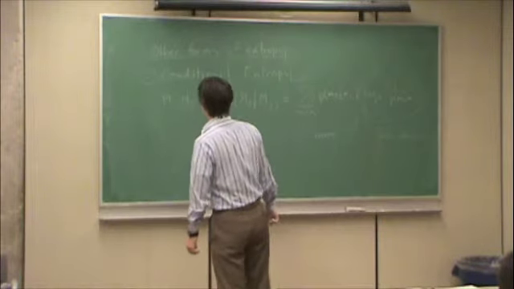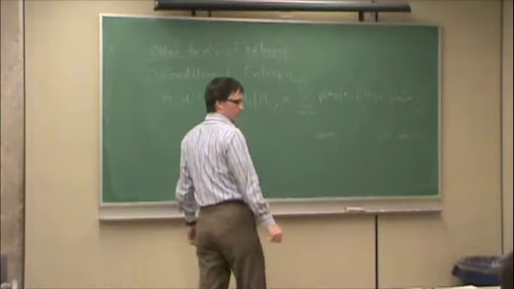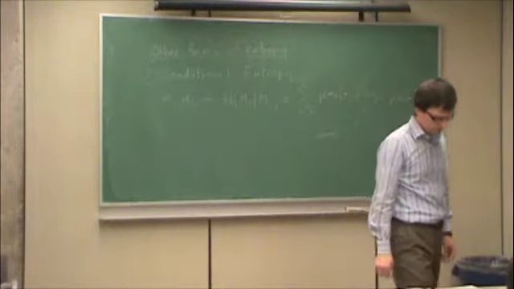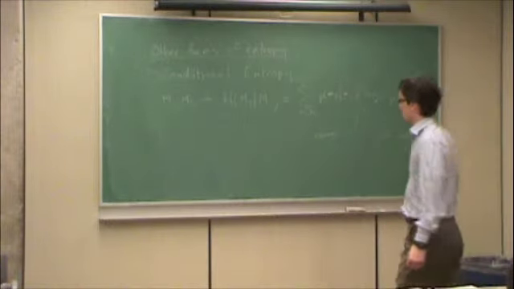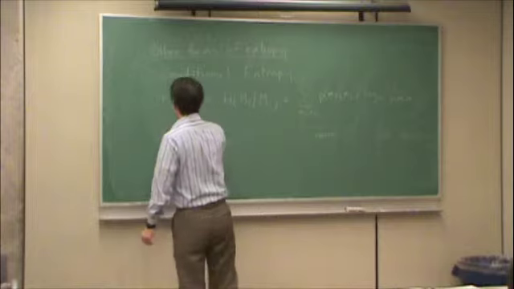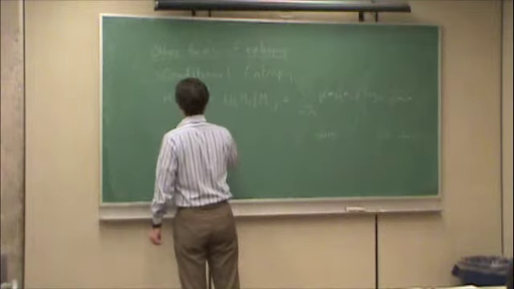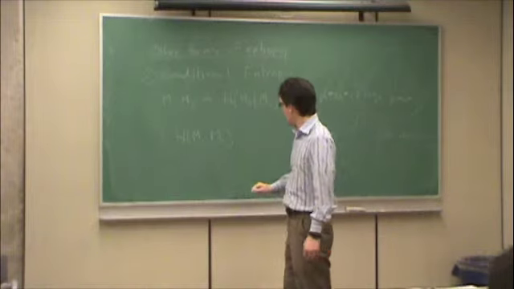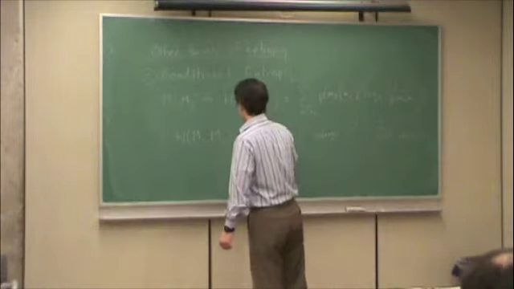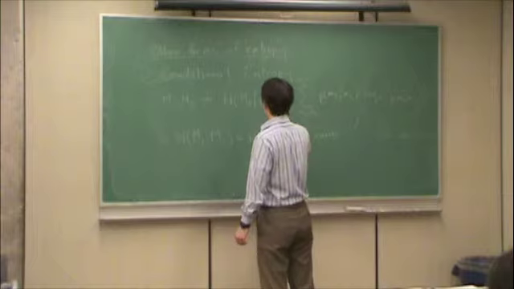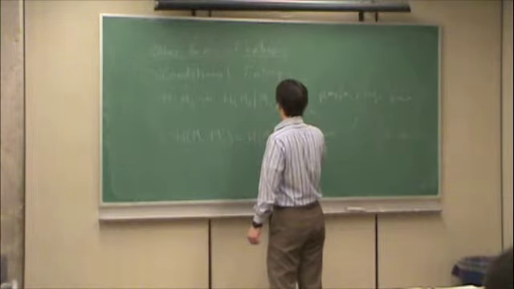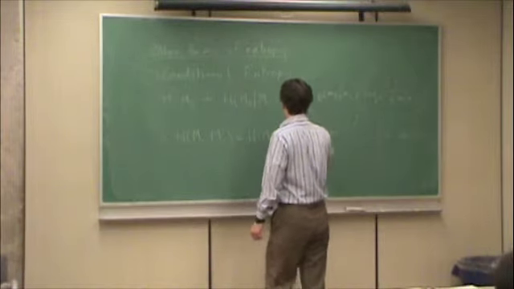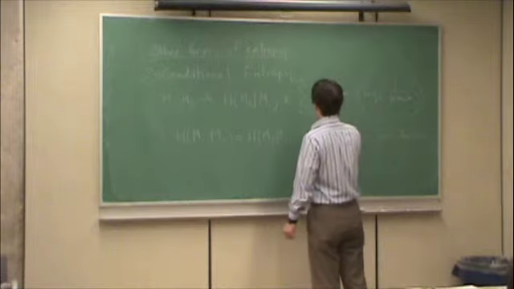Okay, so there's a nice property here. I will let you prove this on your own, which is the following. The joint entropy H M1, M2 is equal to the conditional entropy H M2 given M1 plus H M1.